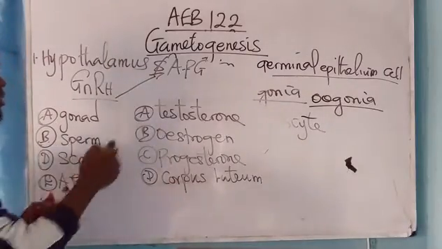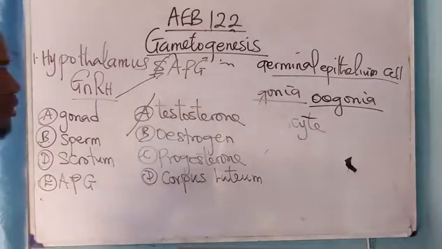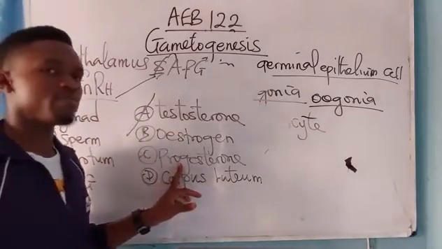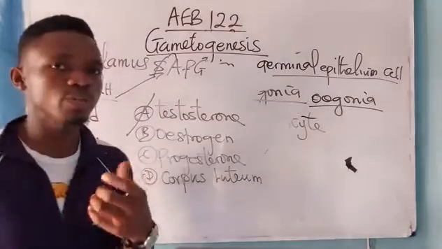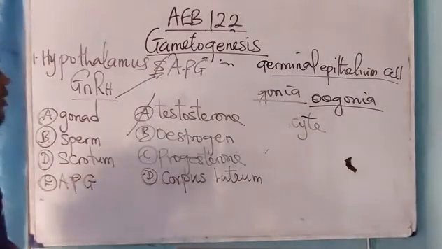Please, testosterone is a steroid hormone, and it is a male sex hormone, while estrogen and progesterone are the female sex hormones. So corpus luteum is that yellowish body that the growth follicle develops into. We'll get there. Okay.